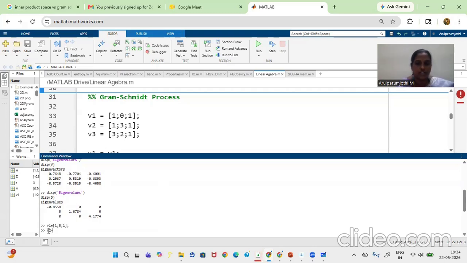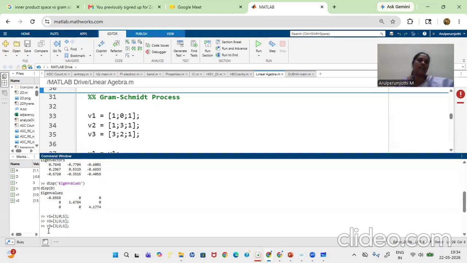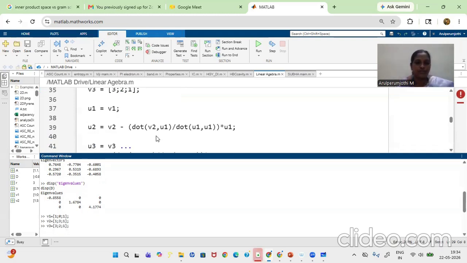V2 is equal to, open bracket, 1 semicolon 3 semicolon 1, close the bracket, put a semicolon. Then V3: wait for the double arrow. V3 is equal to, open a bracket, 3 semicolon 2 semicolon 1, close the bracket, put a semicolon. So we have fed V1, V2, V3.